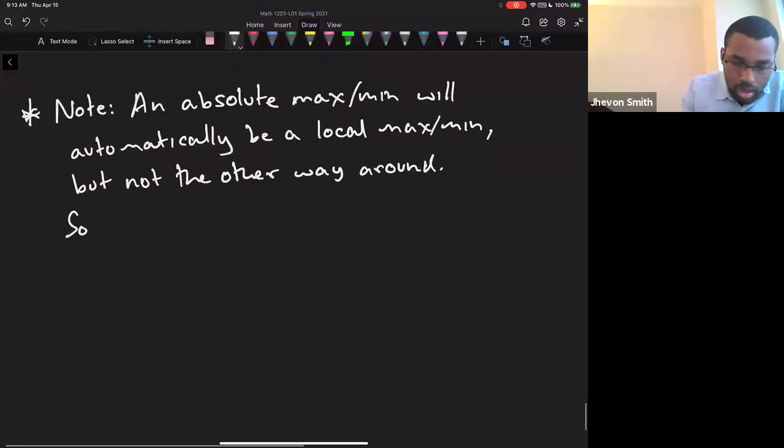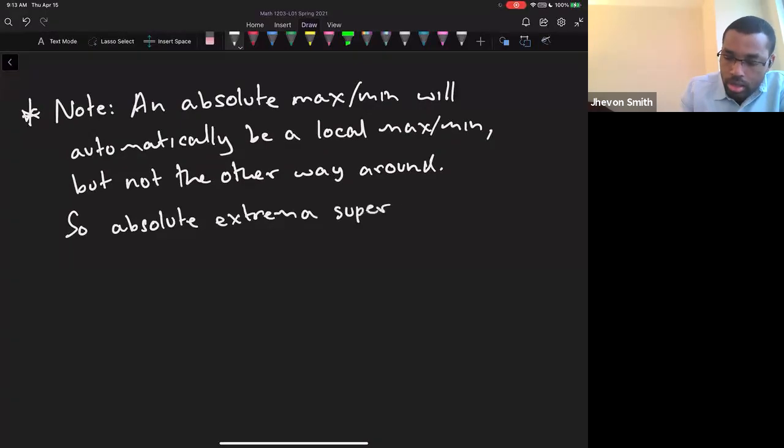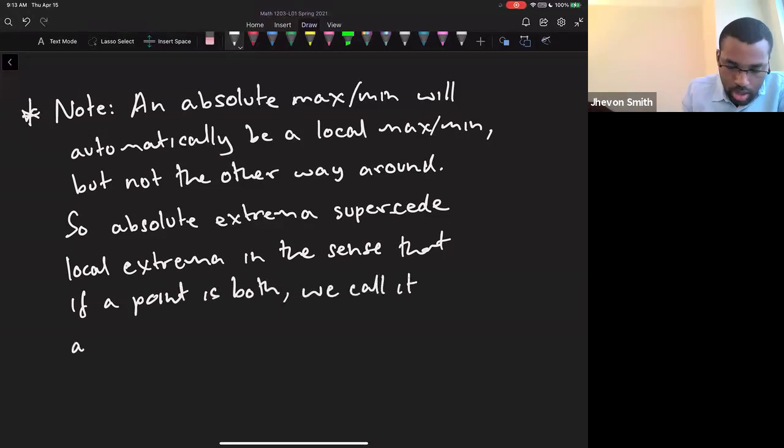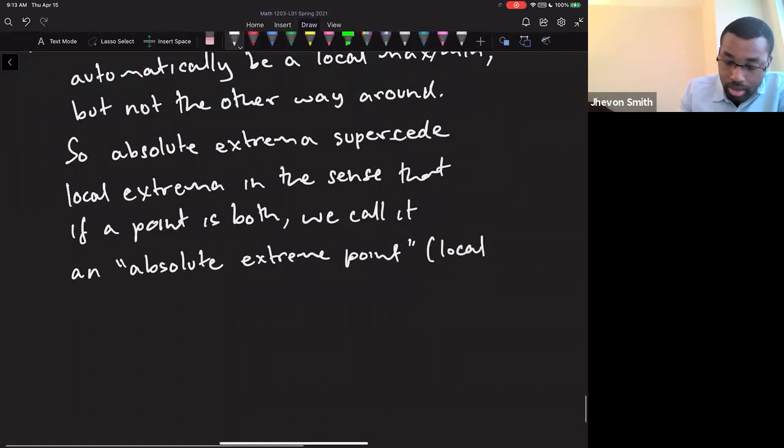So absolute extrema supersede local extrema in the sense that if a point is both, we call it an absolute extreme point, because in that case, local would be implied.